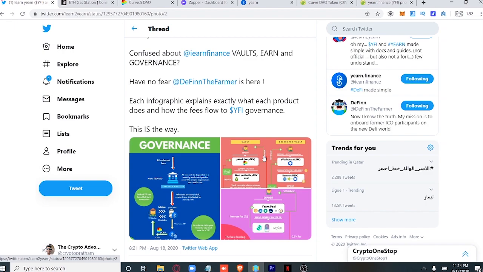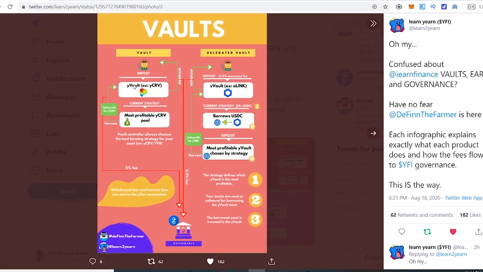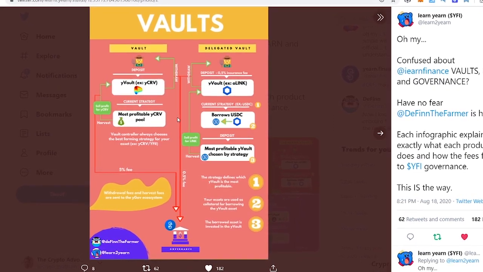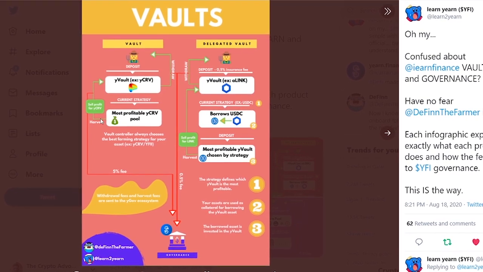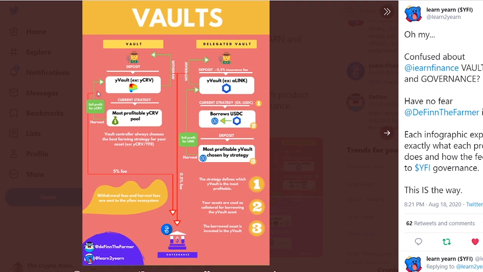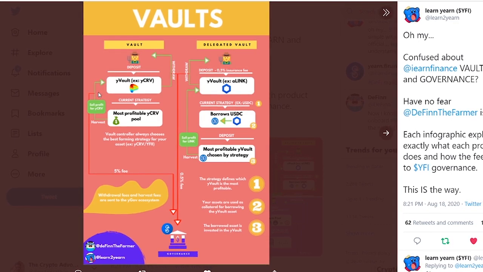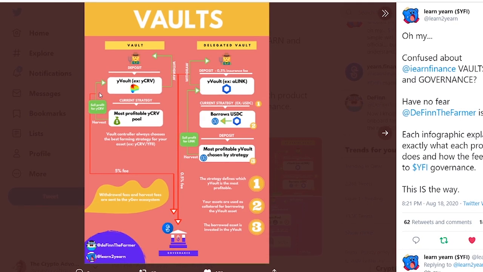I'll just show you here. So you put your tokens in Y vault. It deposits your money in the most profitable Y curve pool, and they sell those profits for your curve tokens, so that your curve tokens keep on increasing and you keep getting a compounding effect from them.